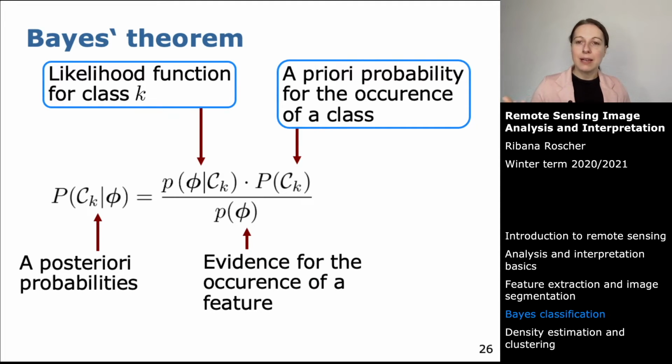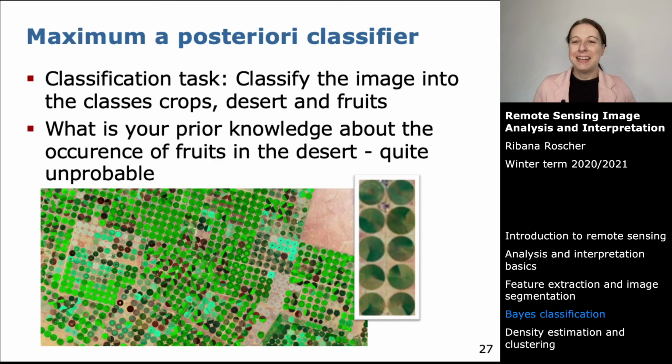And so let's have a look at the prior probability. And you will see that once we had a look at this value and integrate it in our classification, we will end up with a maximum a posteriori classifier.